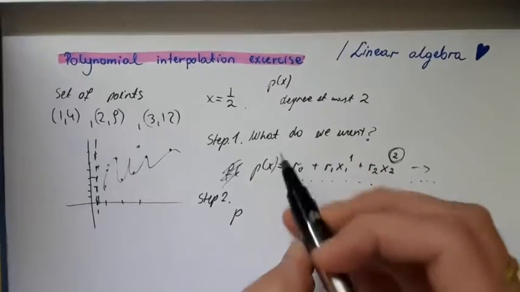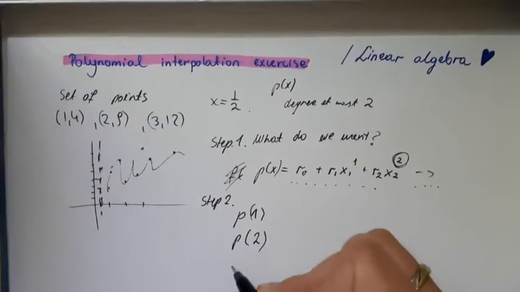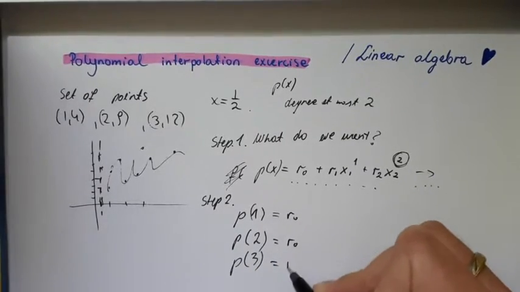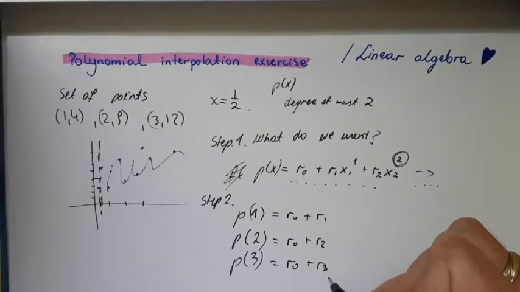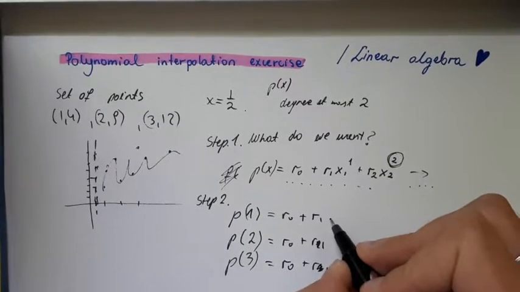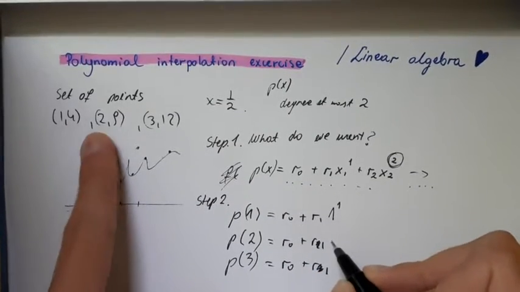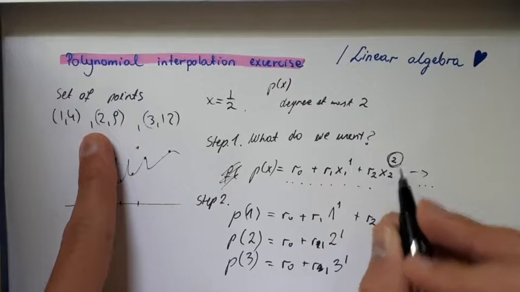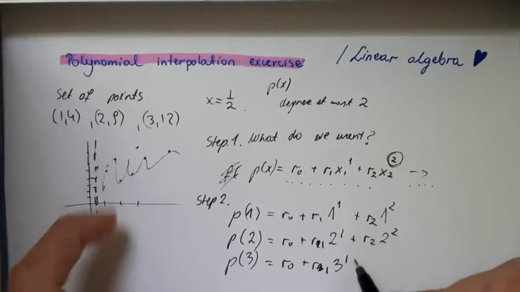So p(x), first x is 1, p(2), p(3). r0, this is obviously the same, plus r1 times x to the power of 1, so 1 to the power of 1, 2 to the power of 1, 3 to the power of 1, plus r2 times x to the power of 2, so 1 to the power of 2, 2 to the power of 2.